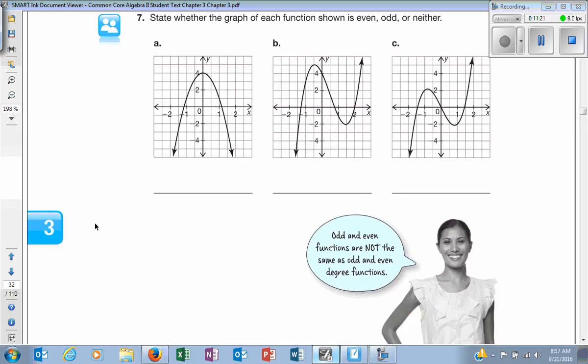Remember, it talks about the axis having to be the line for it to be even or odd. Do you see how this right here is the axis, and it's a line? Which one was a line? Where are my even functions? You see how the origin is not my central point, my central location?